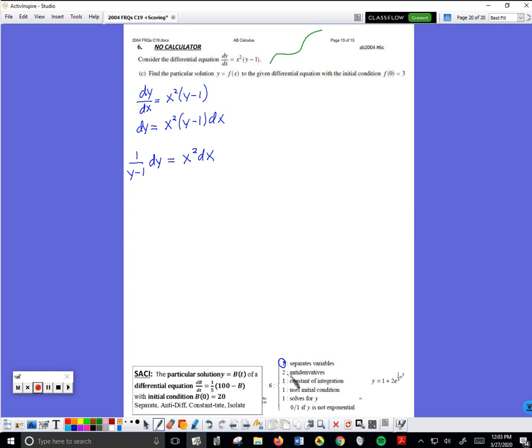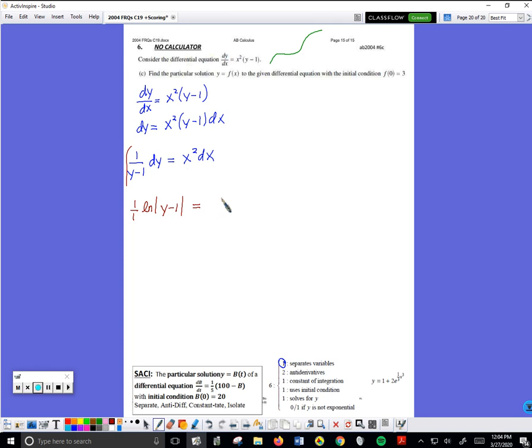Now we need to do the antiderivatives. They're going to give us 2 points in this case. This requires the expanded ln rule, because this is 1 over y minus 1. So the antiderivative is going to be 1 over a multiplied by natural log absolute value of ax, so y minus 1.